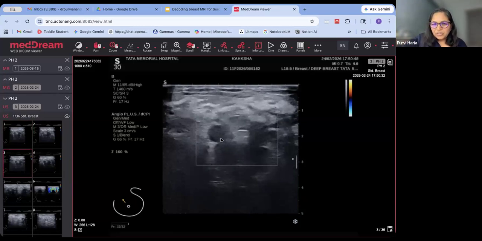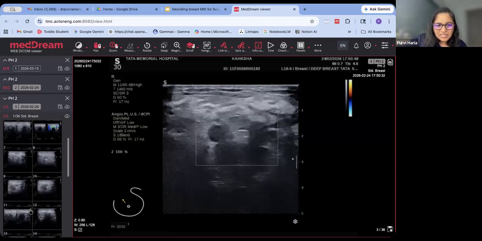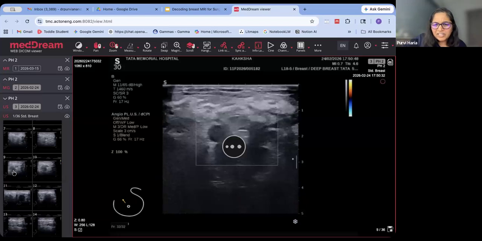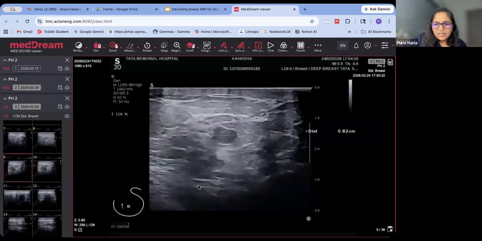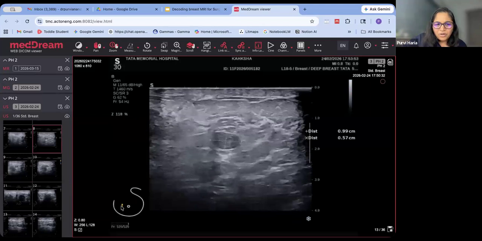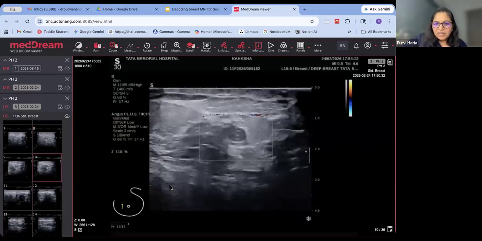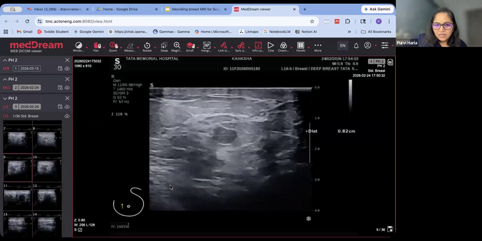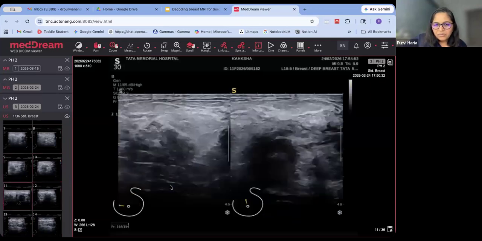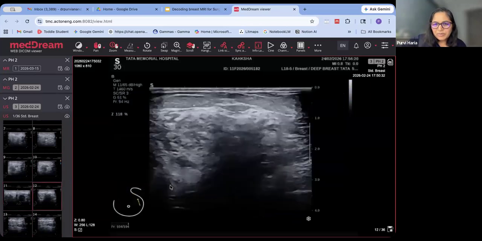So this was a lesion in the upper inner quadrant, with extremely dense parenchyma, but we saw this lesion on ultrasound. There was also an additional lesion at the 9 o'clock position. The entire disease extent is from 9 to almost 11 o'clock in the breast.